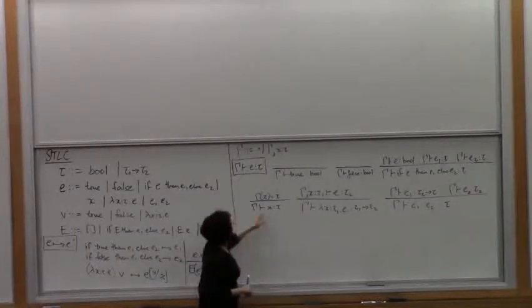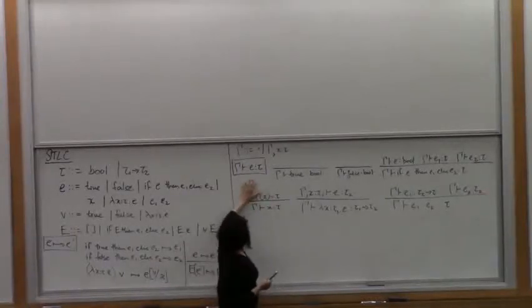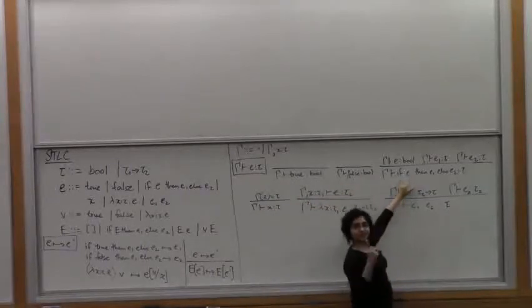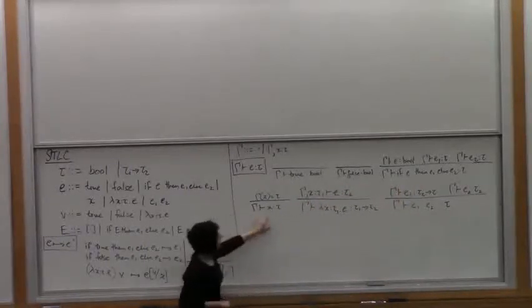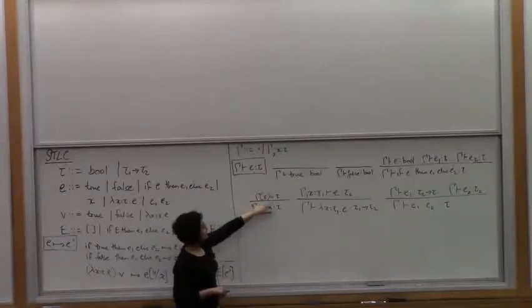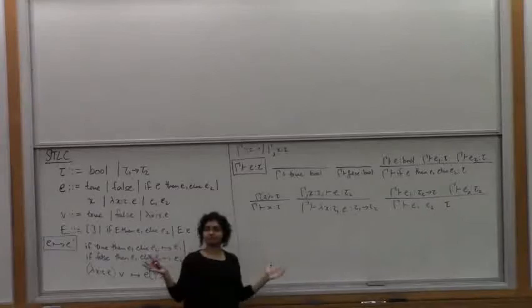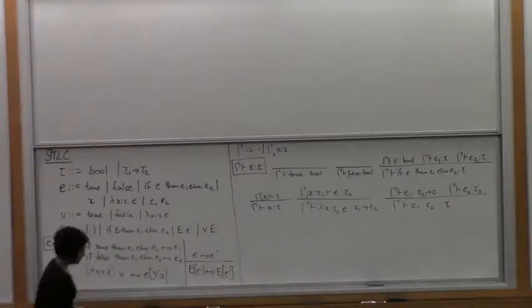It just makes things easier. So true and false have type bool, if then else has the usual rule. For variables, you have to make sure that x is mapped by gamma to tau, and then the usual function and application rules.